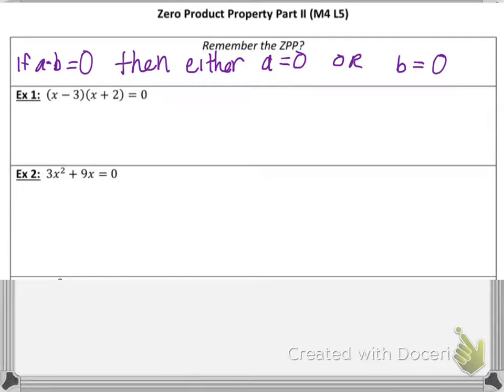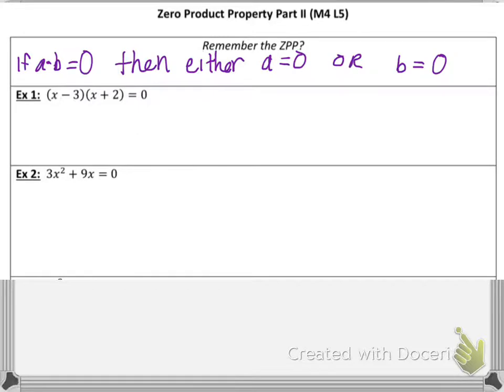Okay, so example 1 here: x minus 3 times x plus 3 is equal to 0. This is an example we've actually seen before, but notice that the left-hand side of this equation is a factored form of a polynomial, right? And on the right-hand side, we just have 0. So this is relating what we've been doing with factoring to what we were doing before with the zero product property.